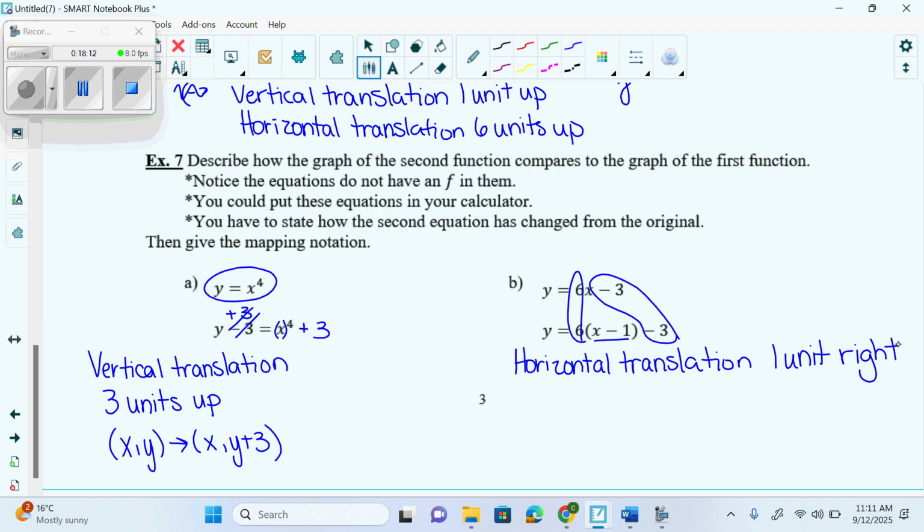And in mapping, that would be x, y becomes x plus 1, comma y. And we're going to flip over. We're only stating what has changed. Because the original graph is whatever it is, and then only moves if the numbers change.